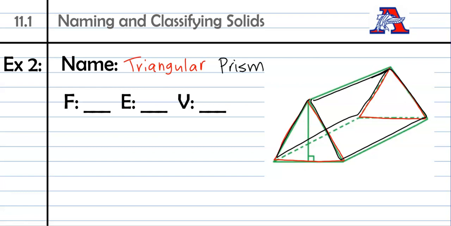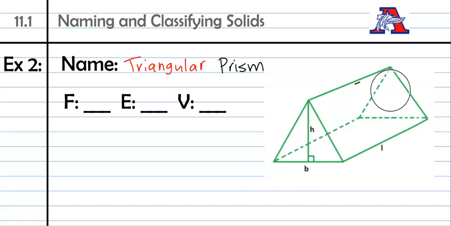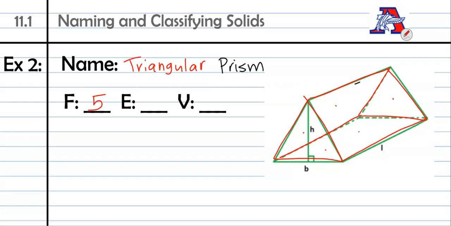All right. And then let's go through and count faces, vertices, and edges. So faces, 1 front, 1 back, and then 3 along the sides. 1, 2, 3. So that would be 5 faces. Edges, 1, 2, 3, 4, 5, 6, 7, 8, 9. Double check and make sure we got them all. Looks like it. Yep, 9 edges.